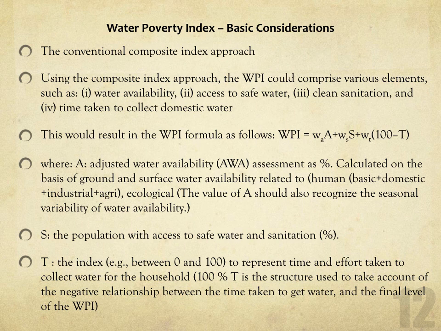But there is always danger with the index approaches also, because if they are not robust enough, they can send misleading policy messages, because the picture that the index would generate or the meaning it would convey can be very subjective. When you assign weights, how and what weight should be assigned to which element is always subject to different opinions or even debate.